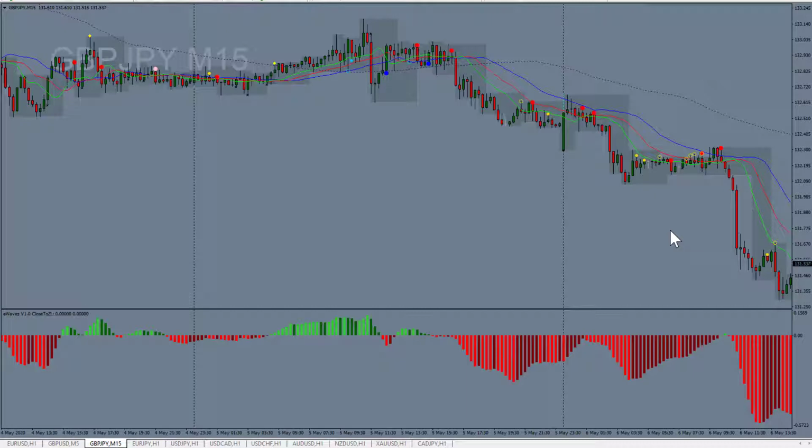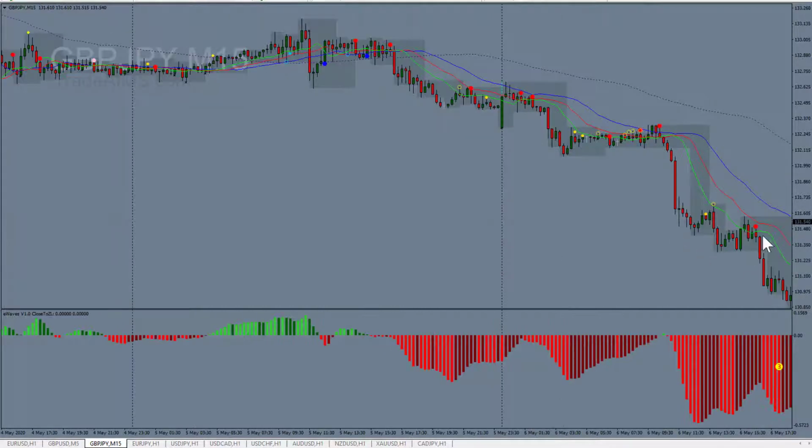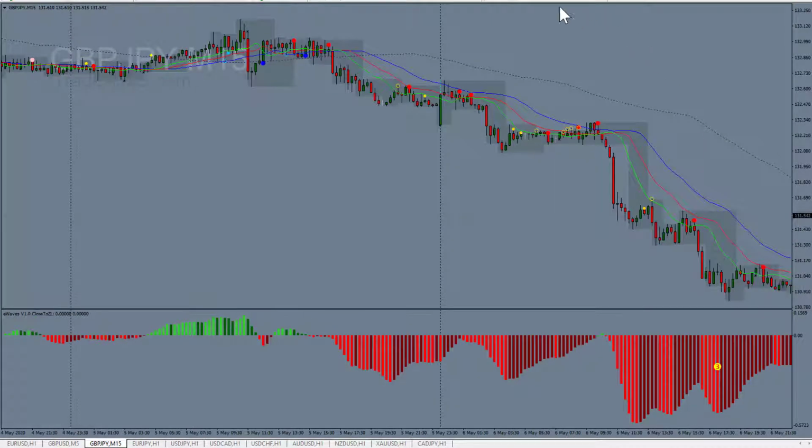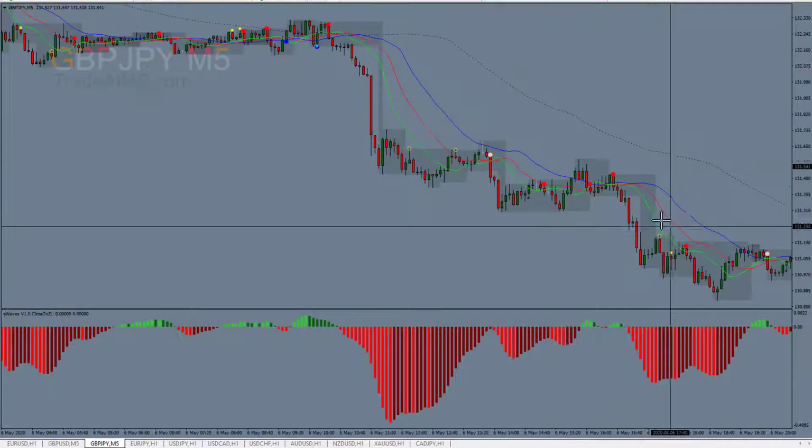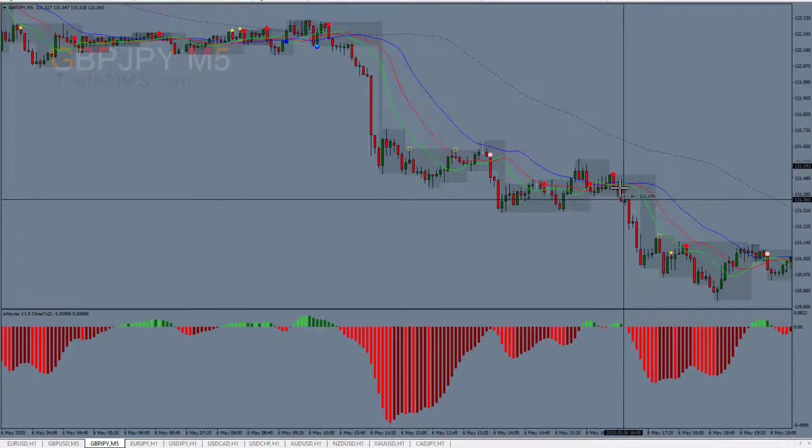And then if you were still interested, you went down and did it on the M5, which was around here. So the M5 also gave you a setup one, and of course there were setups on the M1 as well.